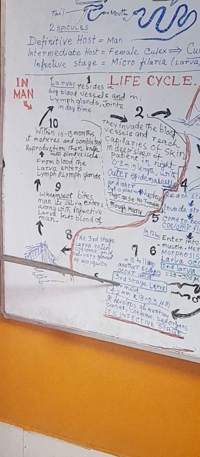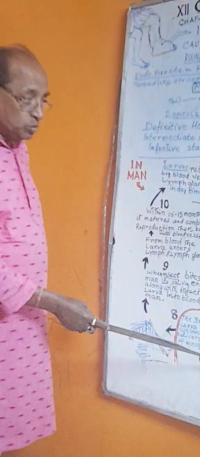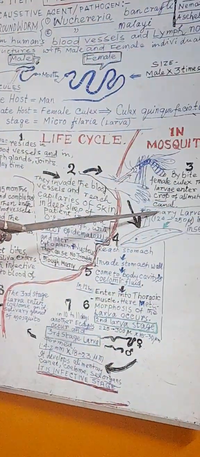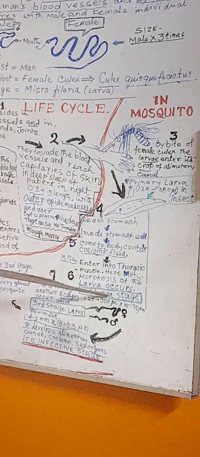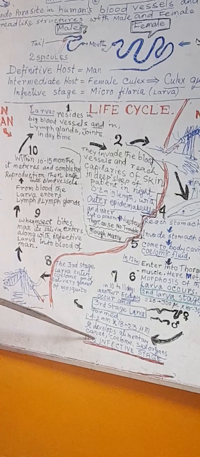When this ecdysis occurs, the third stage of larva is formed. I would like to draw attention to this: primary larva, secondary larva, and third stage of larva, which is very infective, very dangerous. In this stage, they infect the human being.